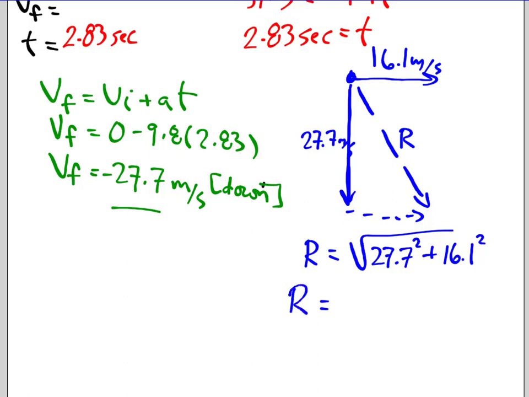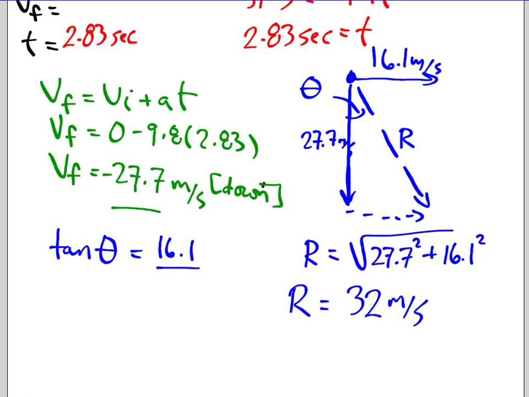32 meters per second. Now that's half of an answer. We don't have a direction, so we need to find our angle theta here. Tan theta is going to be 16.1 over 27.7, and then we take the arctan of that.